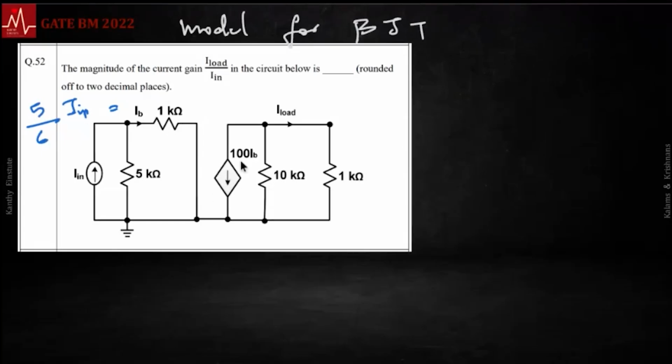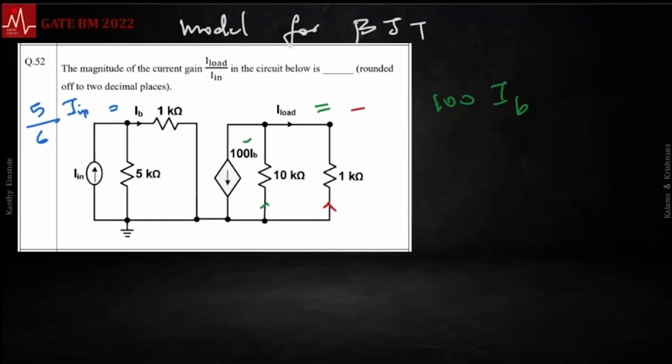So this is a dependent source. This is 100 times IB. So I know this value right now, and that current 100 IB should get split between this and this. So I can quickly write down I load as a fraction of 100 IB, and there is a negative sign, because this current gets split this way.